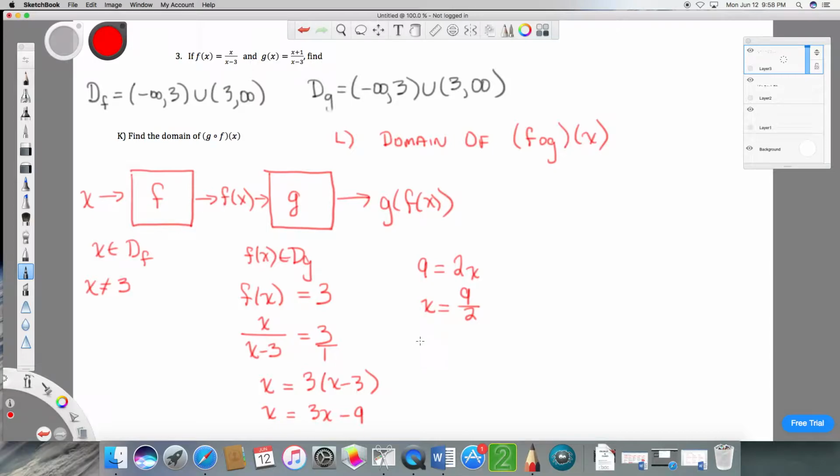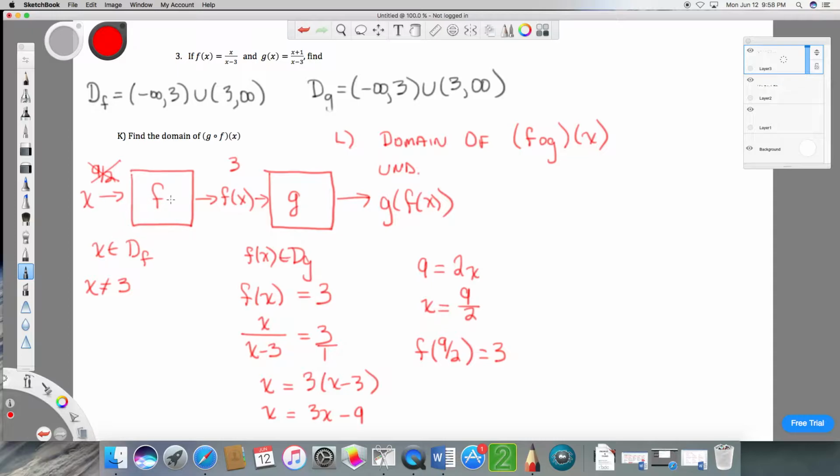So what this tells me is that if you input 9 halves into f, the output will be 3. And we do not want that to happen, because if you give 3 into g, that output is undefined. So in order to prevent this undefined, we have to prevent 9 halves from being in the domain of f.